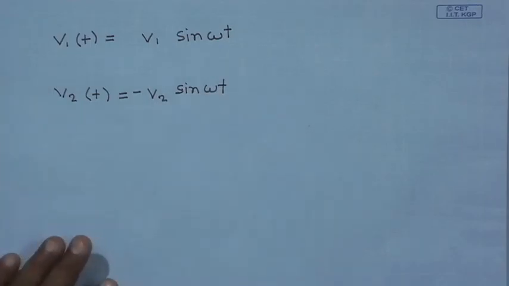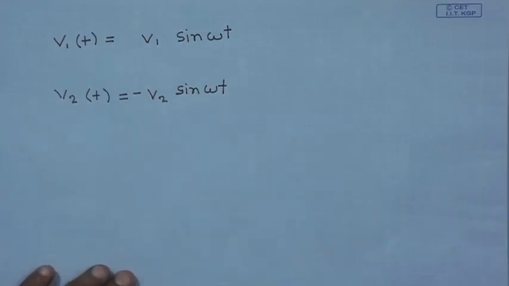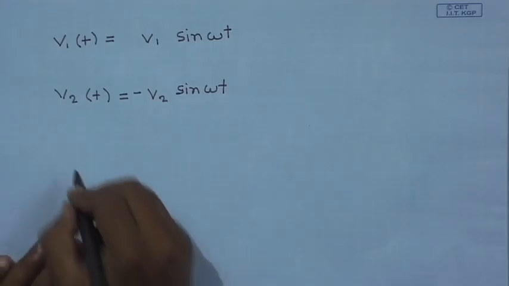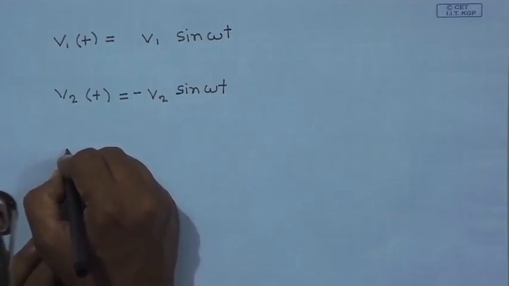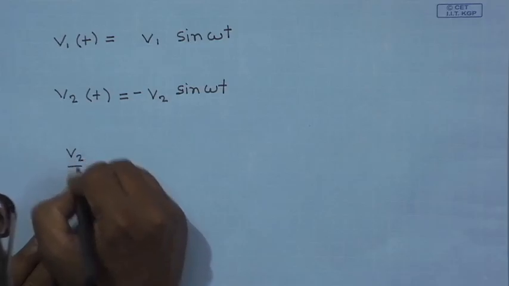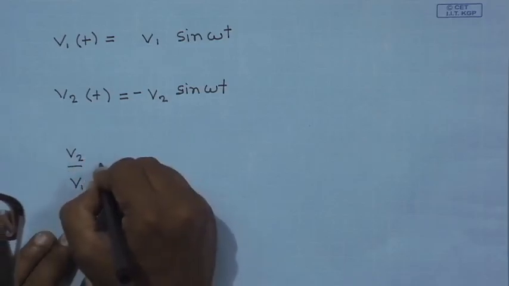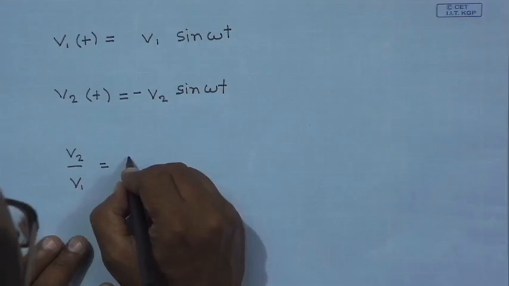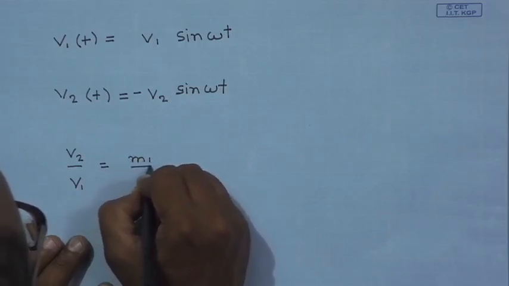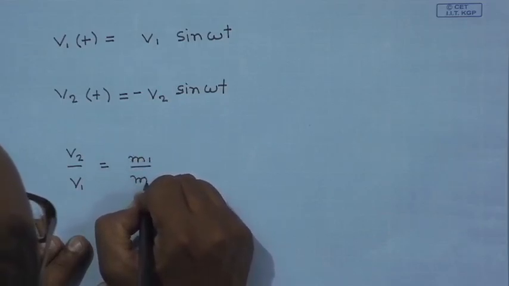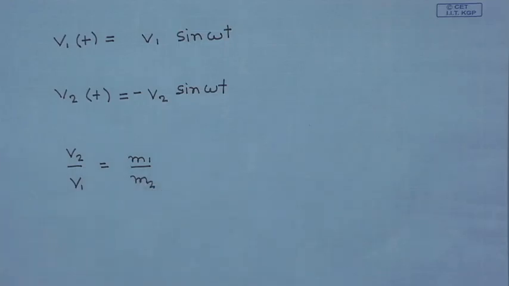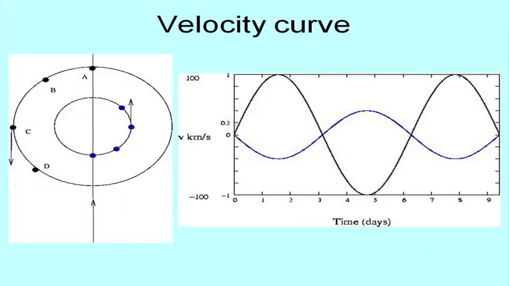So, the two velocities are exactly pi out of phase, and they have different amplitudes, everything else is the same, and the ratio of the amplitudes, V2 by V1, is equal to m1 by m2, inversely proportional to the masses. Okay. So, this is just a recapitulation of what we have discussed in the last class.